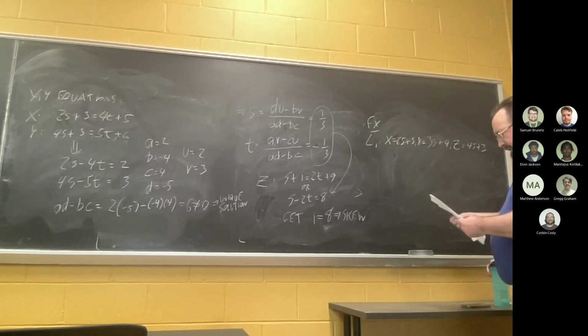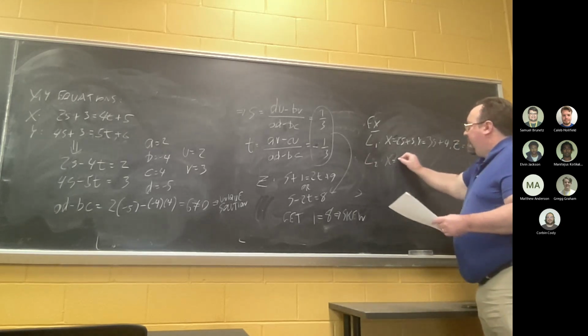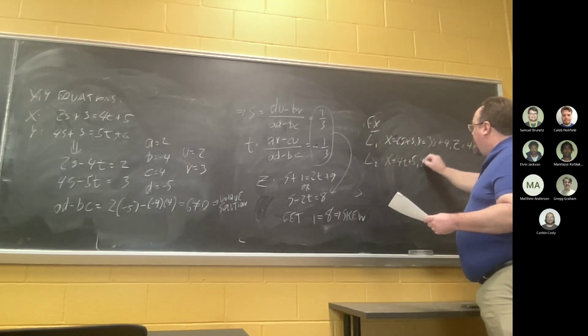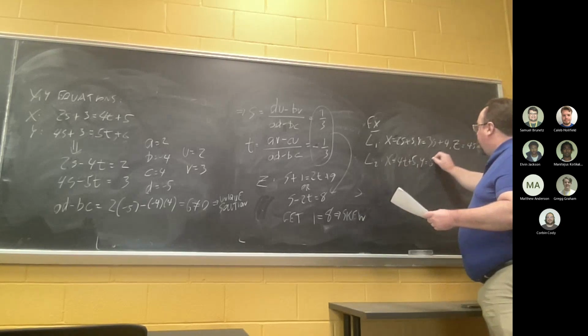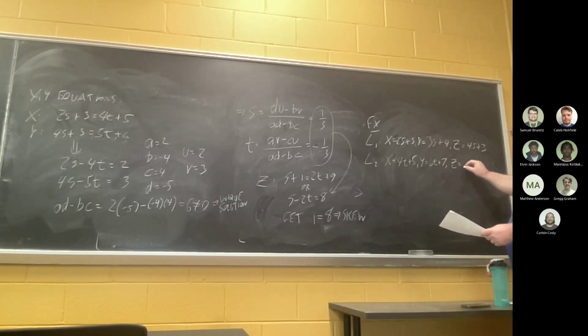Second line: X equals 5, Y is 16 plus 7, Z equals 5T plus 9. Okay.